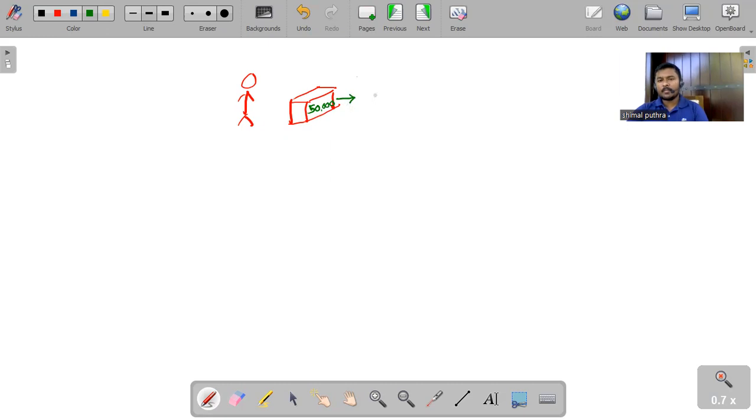And he will provide 25% discount. My question is, please find and tell me what is the amount he has to pay to buy this one.